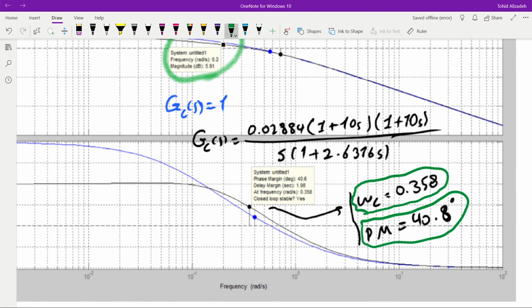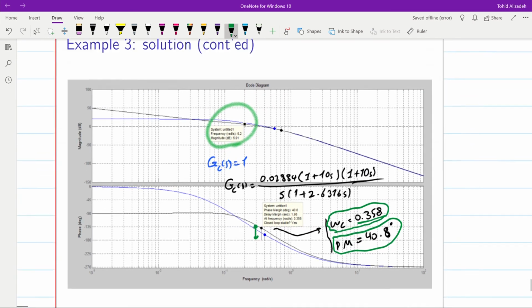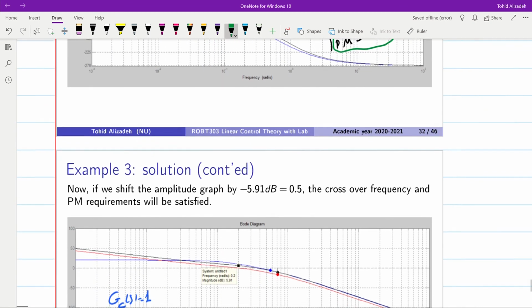This is indeed smaller than what we expected, but the main reason here is that the crossover frequency has increased to 0.358. If you manage to move it back to 0.2, the phase margin that we will have will be this value, and hopefully it will be satisfactory. How we can do it?